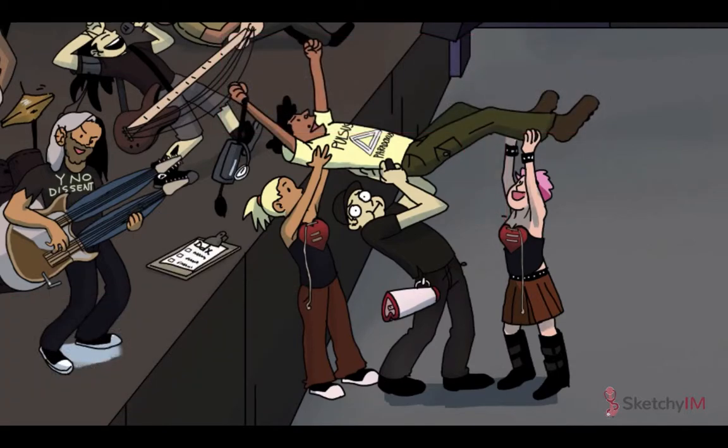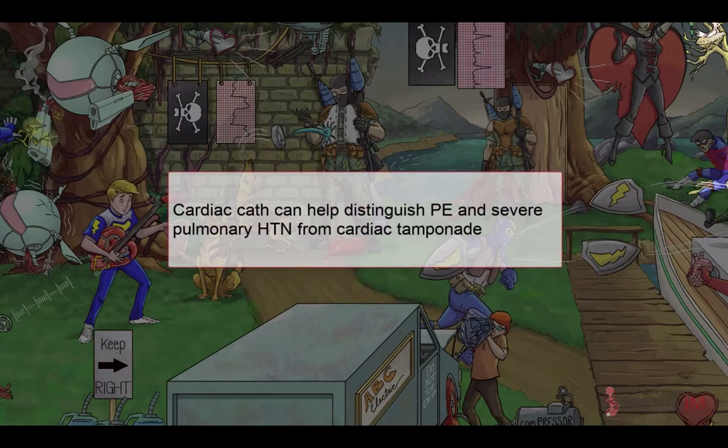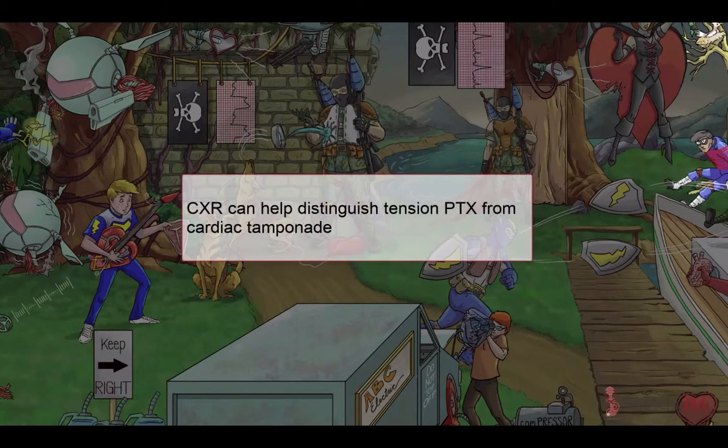Speaking of the differential, what else should you be thinking when you're suspecting cardiac tamponade? Well, first of all, you probably shouldn't waste too much time thinking, since cardiac tamponade is kind of a medical emergency. That said, other causes of obstructive shock should also be on your differential if you see a patient presenting in cold, that is, non-distributive, shock and clear lungs on chest x-ray. This includes conditions like pulmonary embolism, severe pulmonary hypertension, and tension pneumothorax.